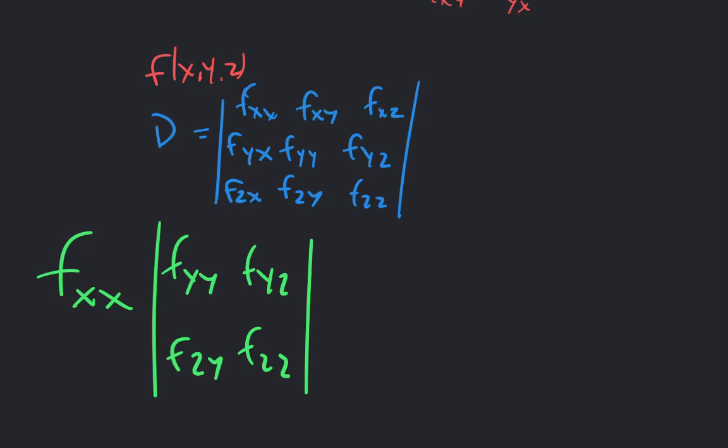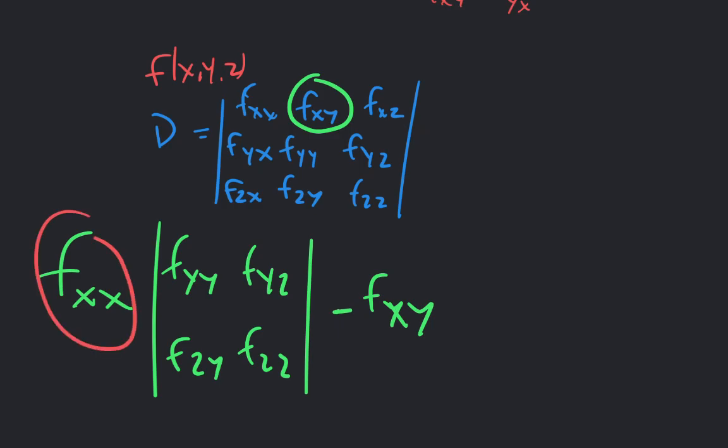All right, and then with no knowledge of linear algebra, I'm just going to say now that we're going to have a -1 here. So we're going to minus, and then it's going to be this term.